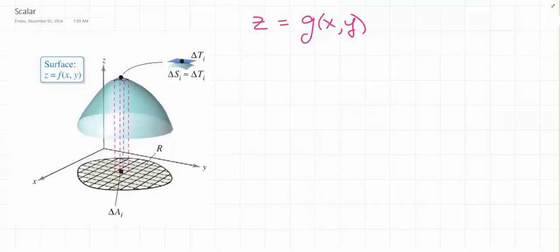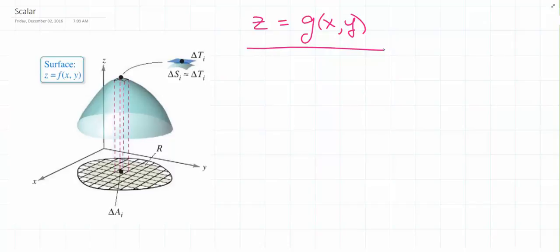What we noticed was, if you have a surface defined like z equals g of x, y, and it could be z equals x plus y, z equals x squared plus y squared, whatever, you could find the surface area by thinking about the projection down from the surface to the xy plane.